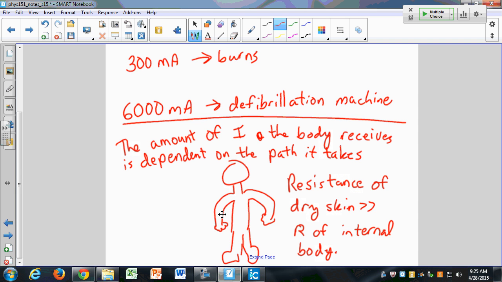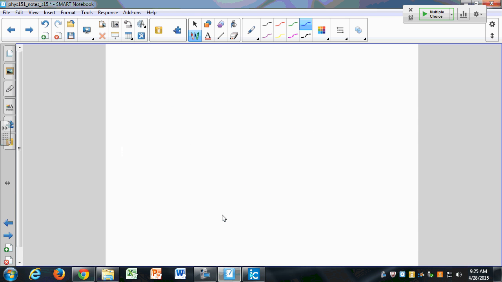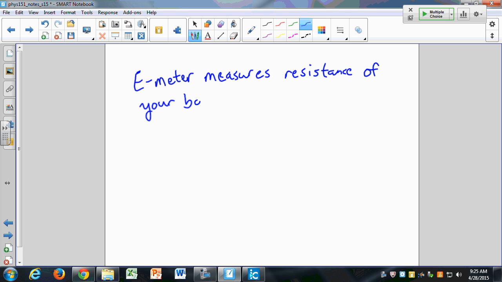So let me just put some of that in words. The E-meter measures the resistance of your body. This changes based on anxiety or other thoughts, or say anxious thoughts.